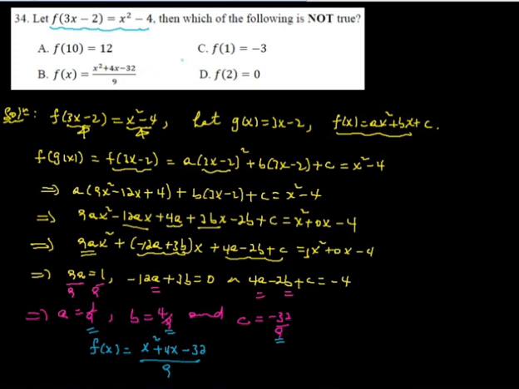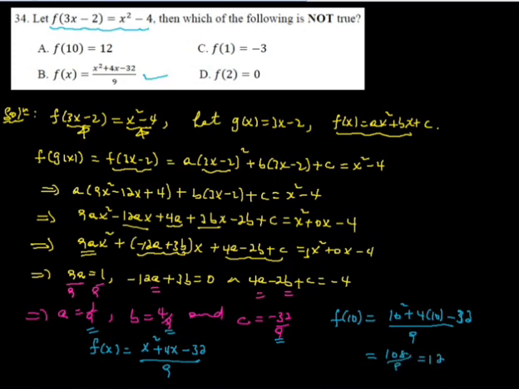So which of the following is not true? B is a true statement regarding the function f. Let us check the rest. F of 10 means 10 squared plus 4 times 10 minus 32 over 9. You can get that this is 108 over 9.